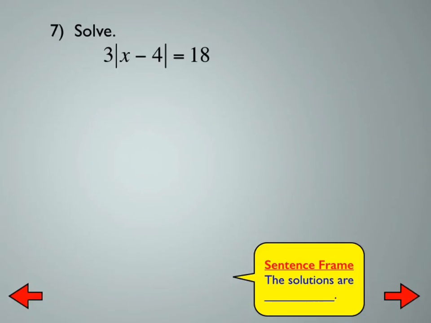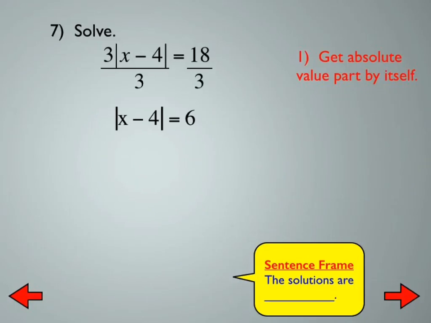So in this one, how are you going to accomplish getting that by itself? Divide by 3. Those are the same things you guys have been doing for several years. So if you divide both sides by 3, you end up with the absolute value of x minus 4 is equal to 6. And now I will let you quickly finish it.